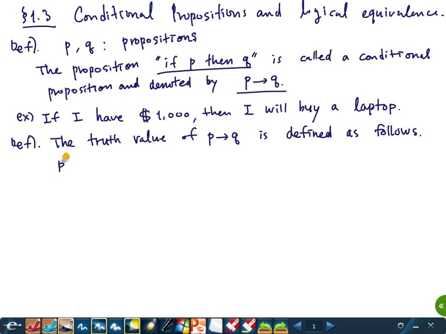Let me define this using a truth table. Given the truth values of P and Q, we have to decide whether this is true or not. So there are four possibilities: TT, TF, FT, FF.